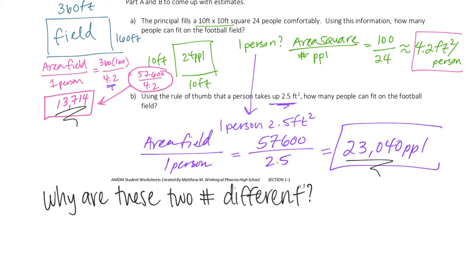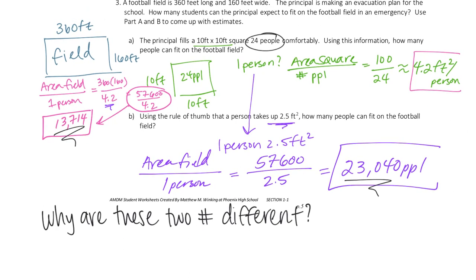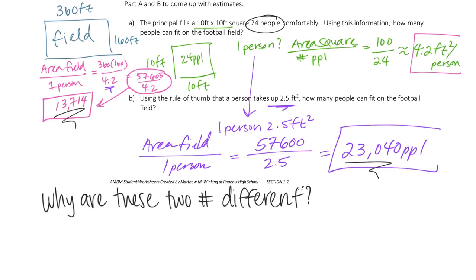Well, the question is, who are these 24 people? Is he a principal at a college or an elementary school? Did he use administrators? Did he get a bunch of football players that are already in their pads and try to pack them in? Are they social distancing?